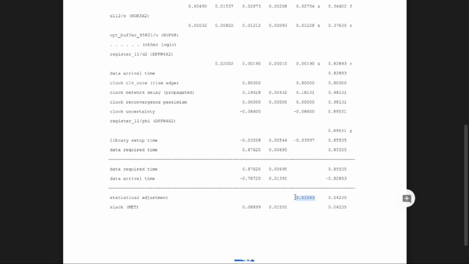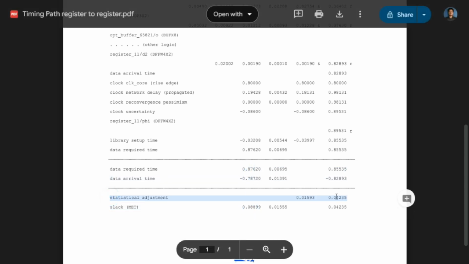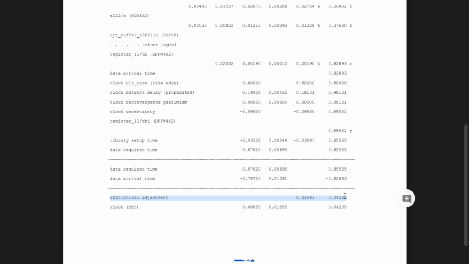So this value is basically coming as a statistical adjustment from POCV, calculated like this. It is just signifying that because of POCV your simple arithmetic subtraction between the data required time and arrival time will not work. That's what it is telling.